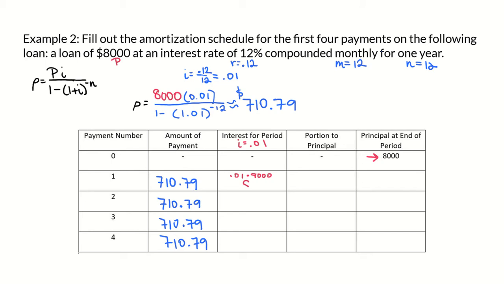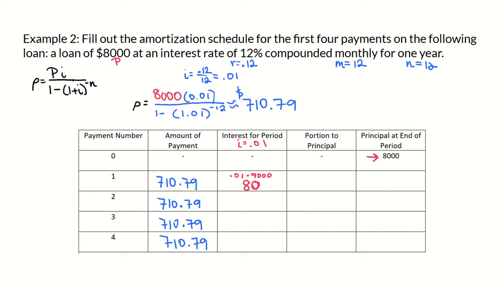So the first interest is 80. So that means that of the $710.79, $80 of it went to interest, and the remaining amount went to pay off the principal.